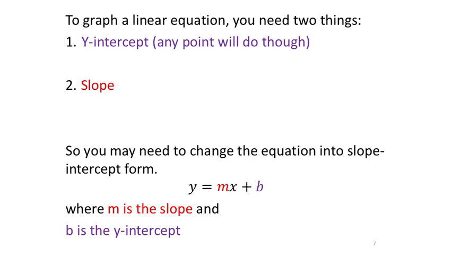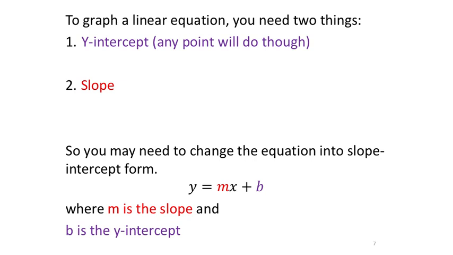But there's only two pieces of information that we need, the y-intercept and the slope. The slope tells us the steepness, like we saw on the bell work, that's rise over run. The y-intercept is where the line goes through the y-axis, which is the vertical number line on the grid.